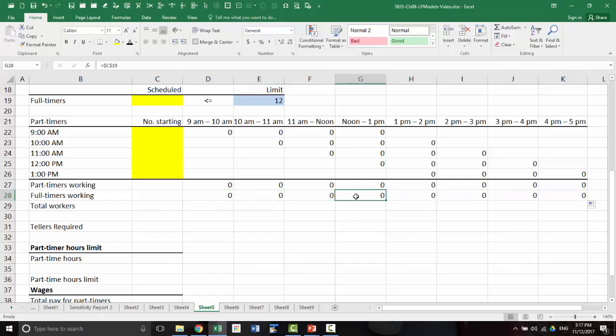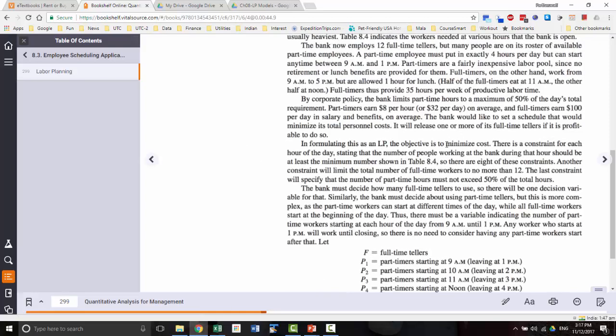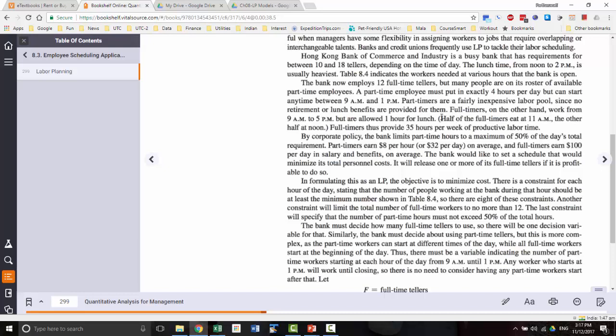But remember, they're going to be taking a lunch break. Half the full-timers eat at 11 a.m. and half at noon.